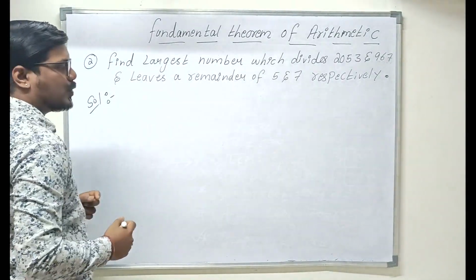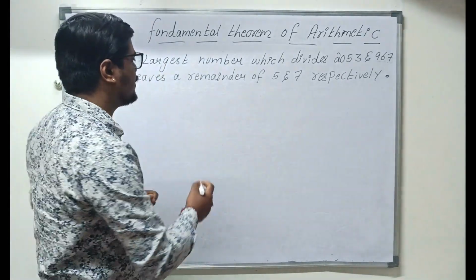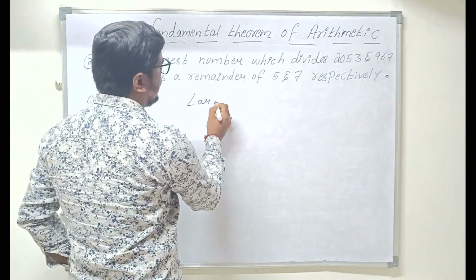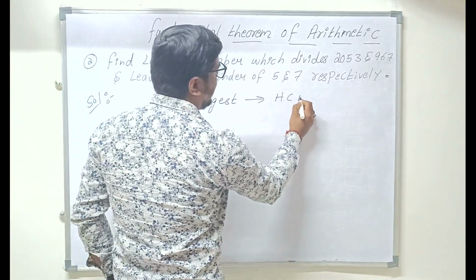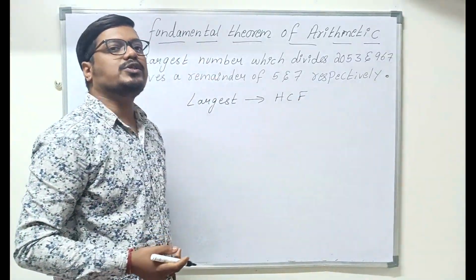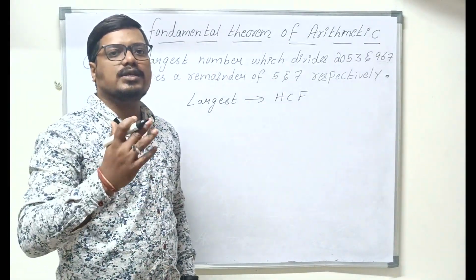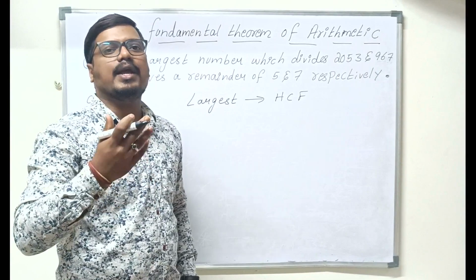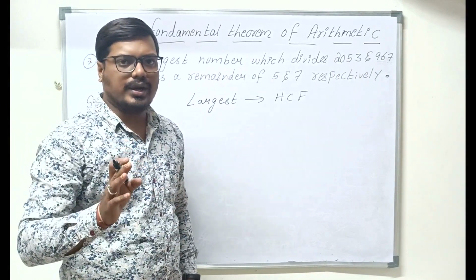Always in the word problems you should first understand the meaning of the wordings. That is, if they mention largest in the question, you need to understand that we need to find HCF. If they mention least, minimum, LCM; maximum, largest, greatest, highest, these all are HCF. Got it?